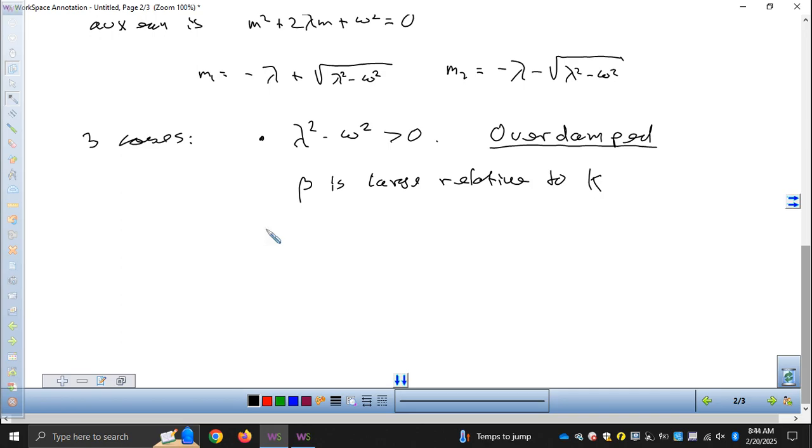And we get, in this case, x as a function of time is e to the minus lambda t times c1 e to the square root of lambda squared minus omega squared t plus c2 e to the minus square root of lambda squared minus omega squared t.